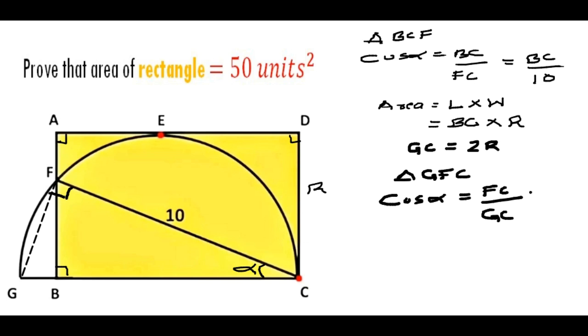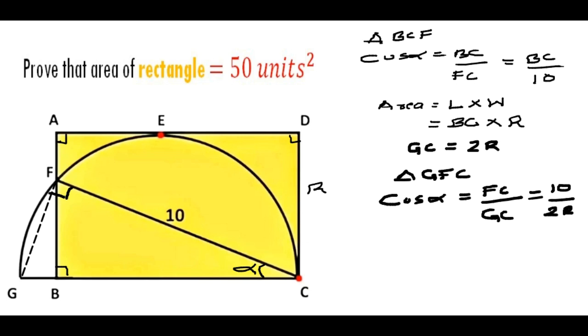So if you substitute, FC is given to be 10 centimeter, and GC is the diameter, which is 2R. So we found cos alpha to be 10 over twice the radius.